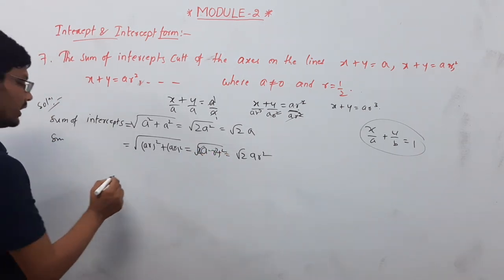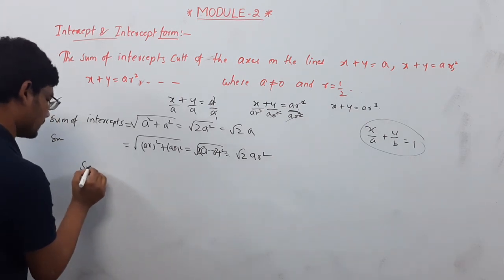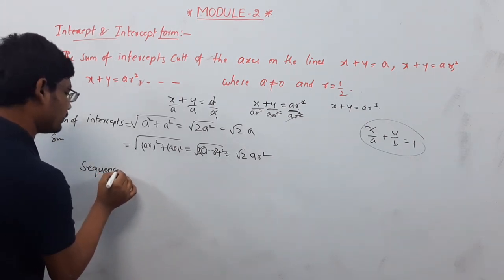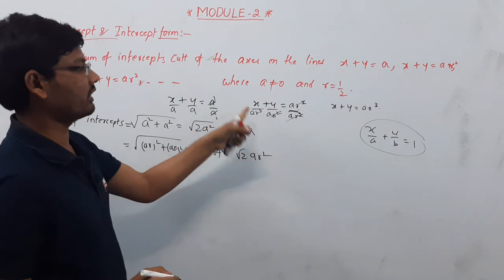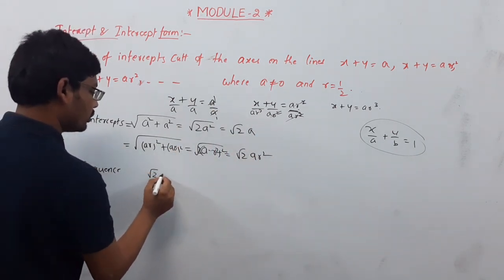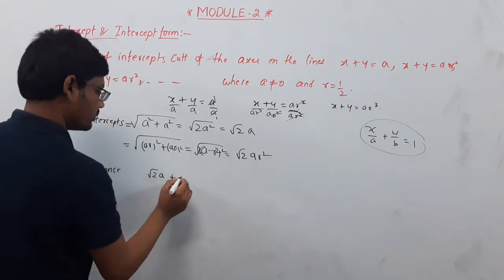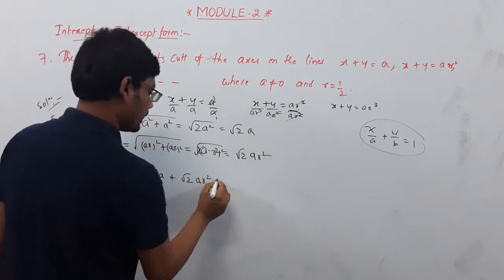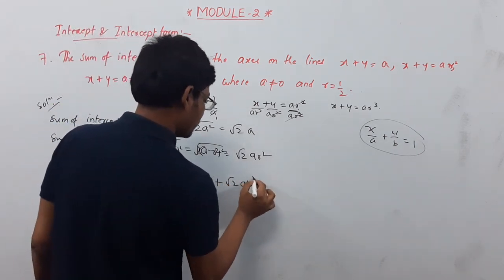Similarly here we are getting a sequence for this one, where a is not equal to 0. So the sequence is root 2a plus root 2 ar square plus root 2 ar cube and so on.